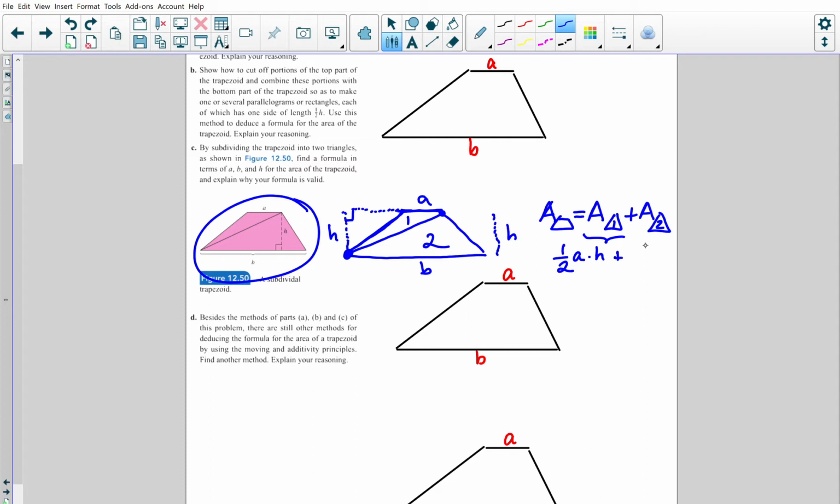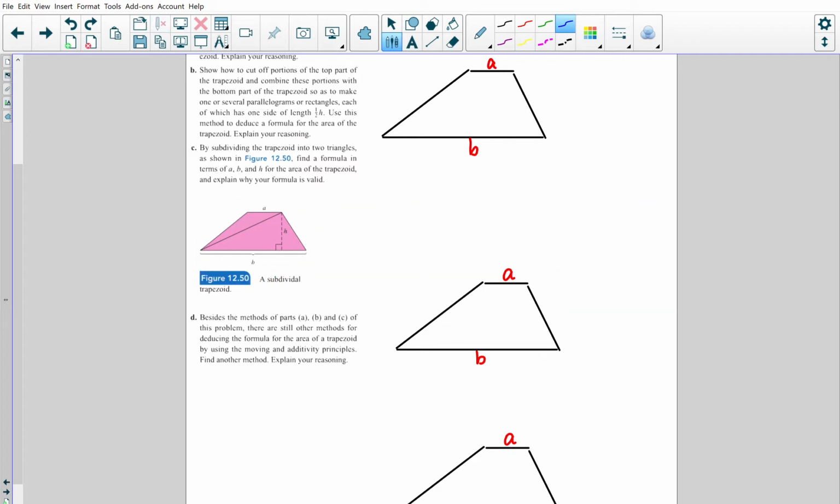Triangle 2 has area 1/2 B, the base, times h, the height. And if we factor out what is common, we have 1/2 h times (A plus B). And that's equivalent to what we got in B and A. Looks a little bit different, but it's the same thing.